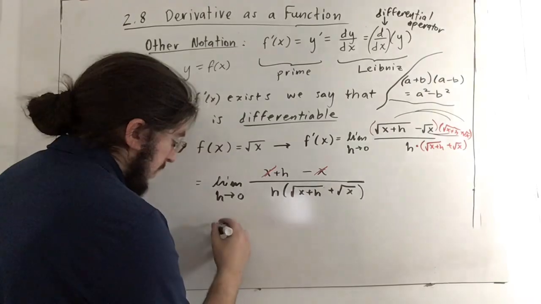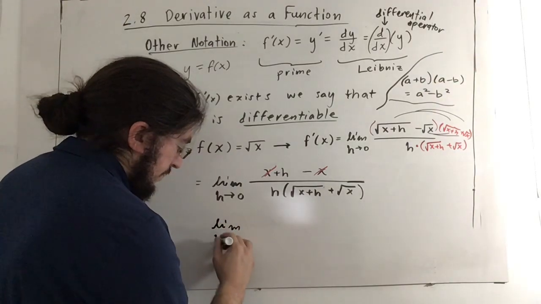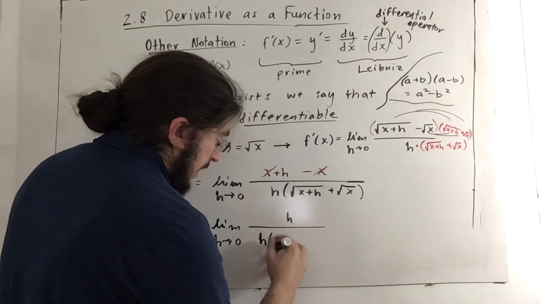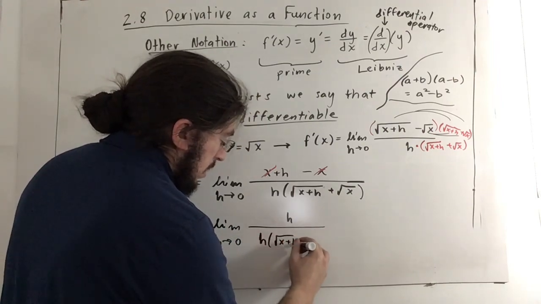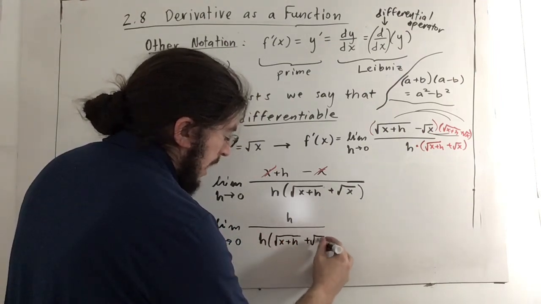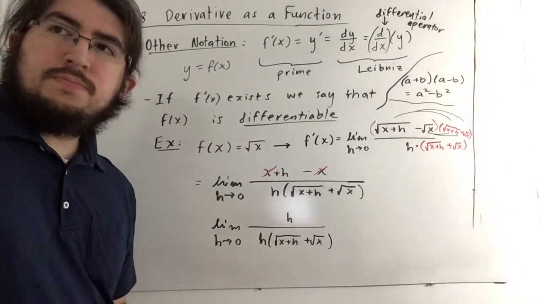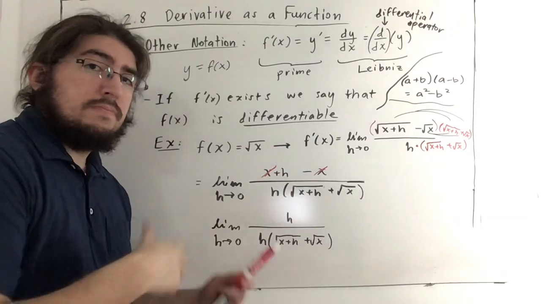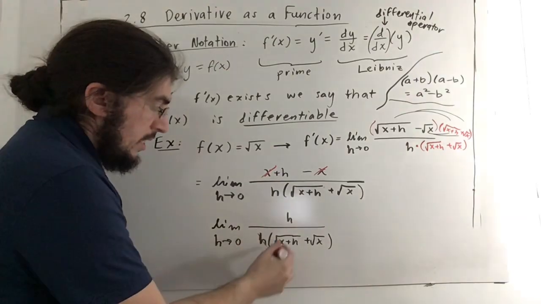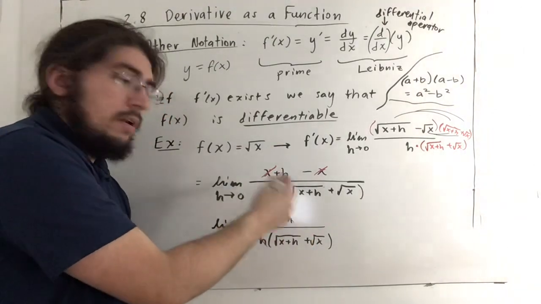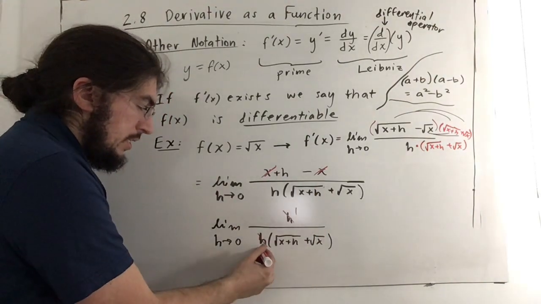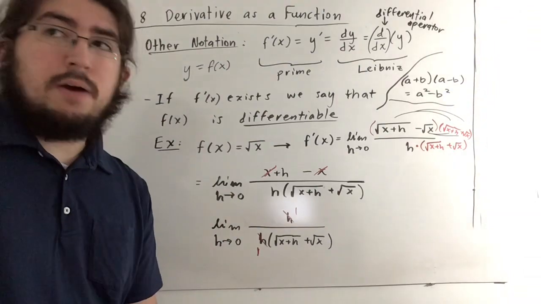So now what we're left with is the limit as h goes to 0 of h over h times that. And of course, this is why I wanted to leave the bottom factored, so that these h's can cancel. If we FOILed it, or if we distributed h back in, we wouldn't see that cancellation as nicely as we do now.